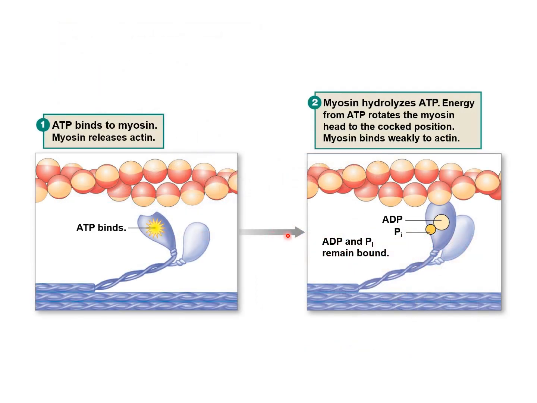It hydrolyzes the ATP and it causes it to cock. So it hydrolyzes ATP and that cocks the myosin. We are not moving the actin at this point. We are simply going from rigor state, which would be the state in front of this, to relaxed state.